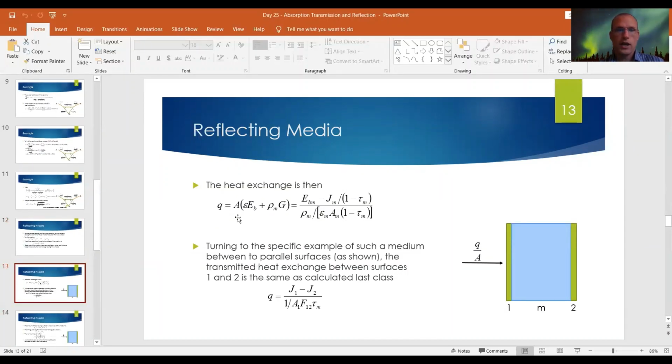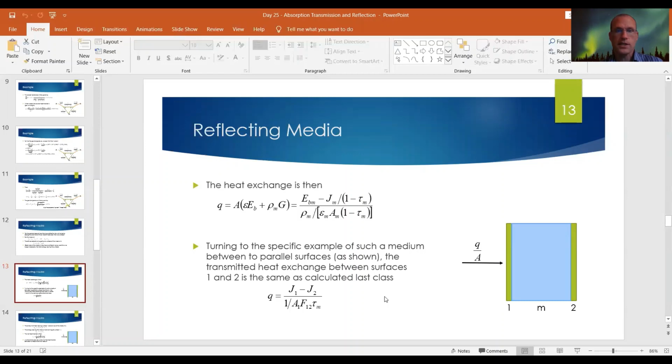Total heat exchange, I have Q is area times epsilon EB plus rho times G. And so that is EBM minus JM over 1 minus tau M divided by reflectivity rho over epsilon A and 1 minus tau.